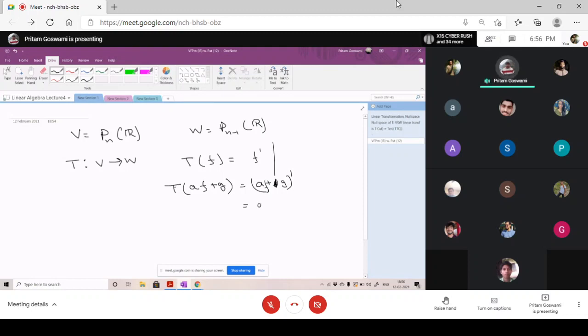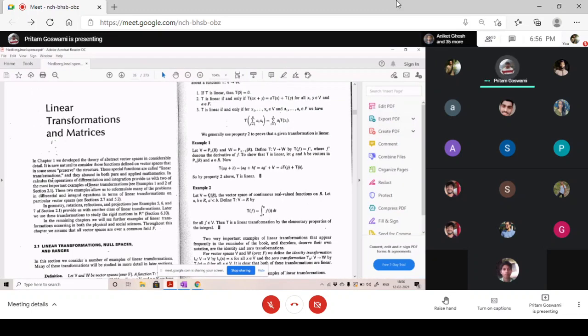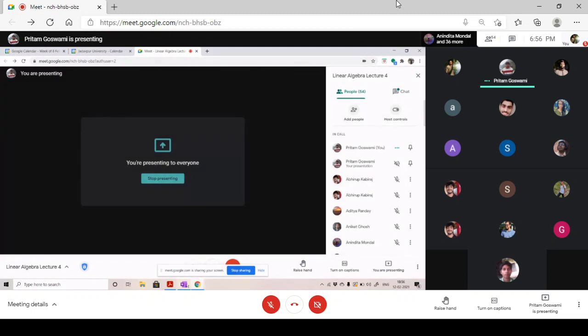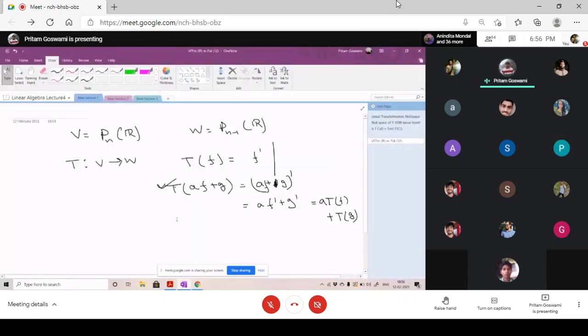So it is nothing but f dash plus g dash, right? f dash is basically nothing but T of f, and g dash is nothing but T of g. So the condition holds. So it is a linear transformation. Similarly, you can check this also.